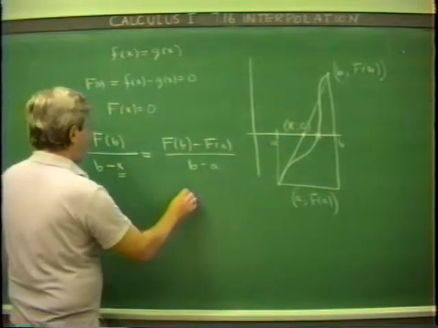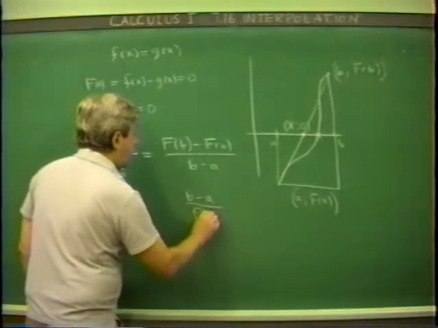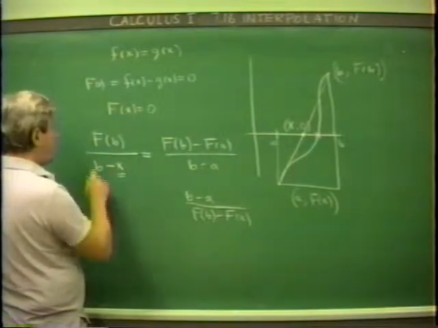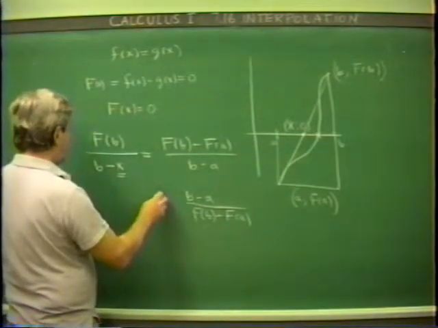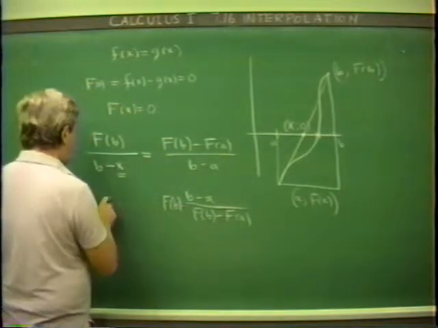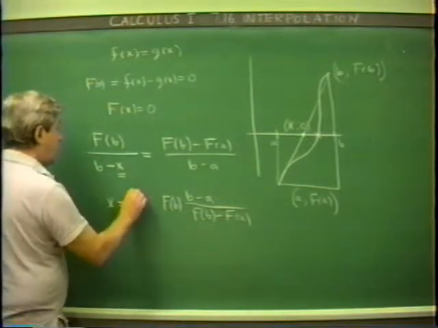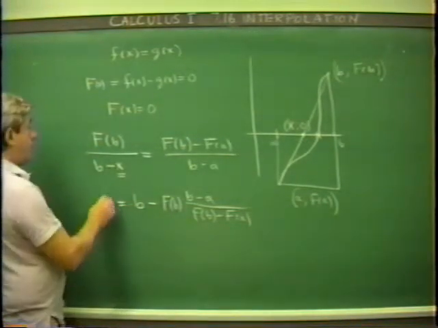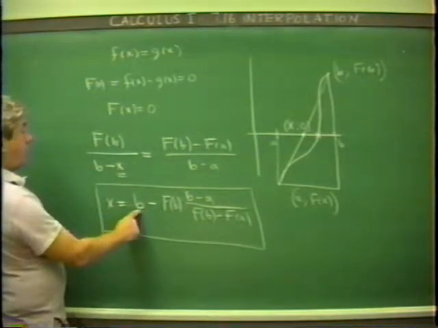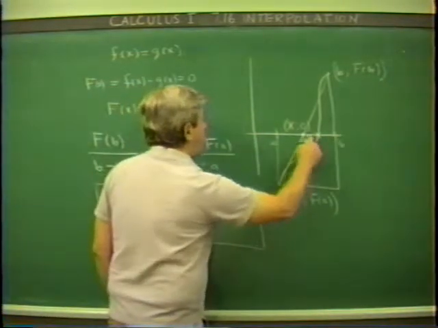And we want to know what the value x is, and we can simply solve this for x. We get b minus a over f of b minus f of a is equal to b minus x over f of b, so that this times f of b is going to be b minus x, so that x is going to be equal to b minus this. This is the solution.